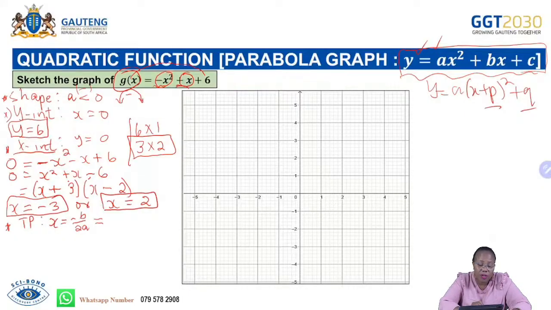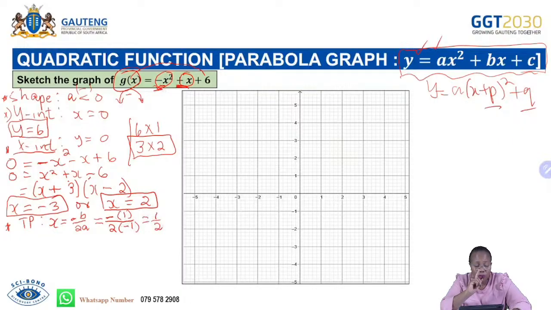The b is equal to 1. And then this will be negative from the equation, and then we put the positive b value there. Over 2, the a is negative 1 from the original, grade 12. Do not use anything on your calculations. Then this will be negative divided by negative is a positive, then your answer will be a half.